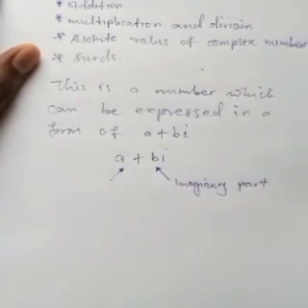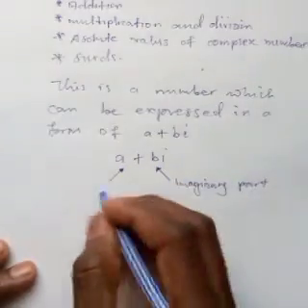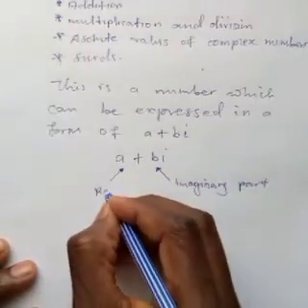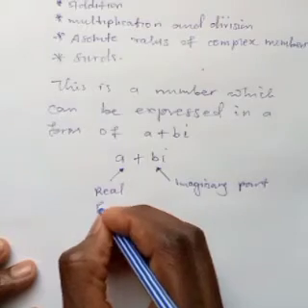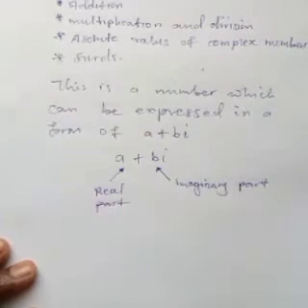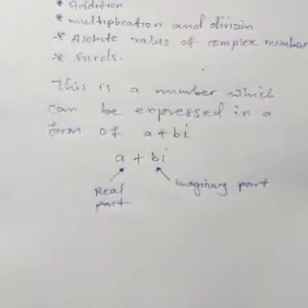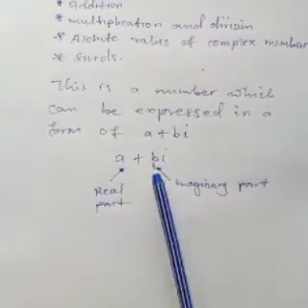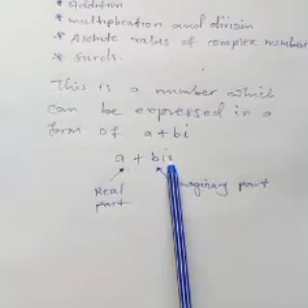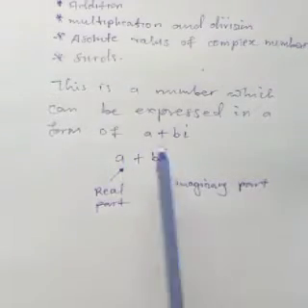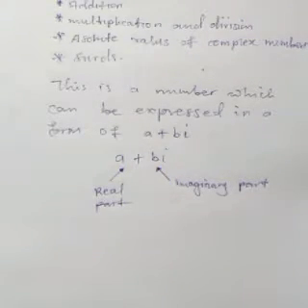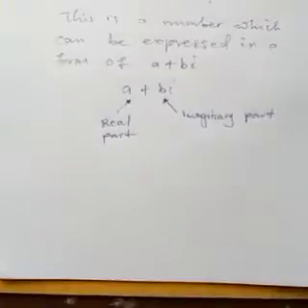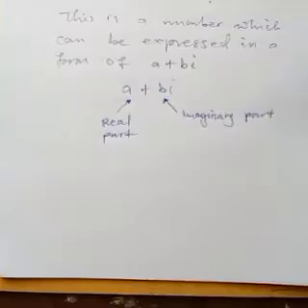Then this part which does not have any i, we call it the real part. That's what complex numbers are all about. They have to be expressed in two different parts, a real part and the imaginary part.